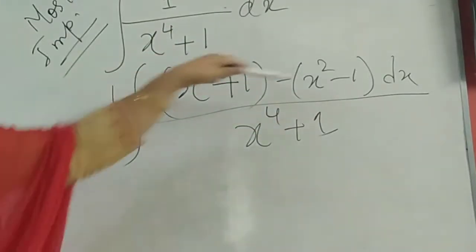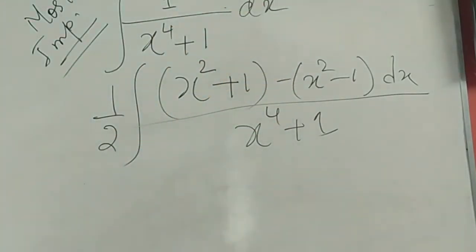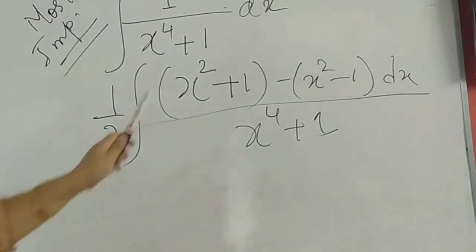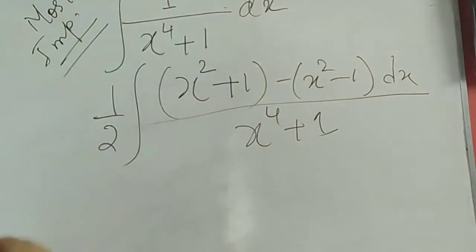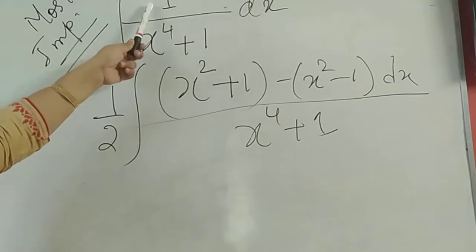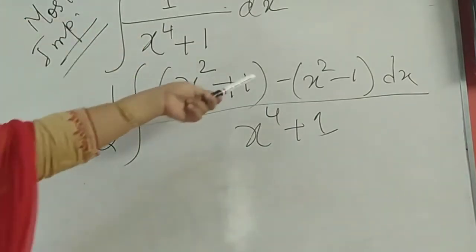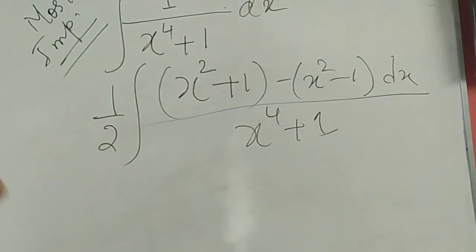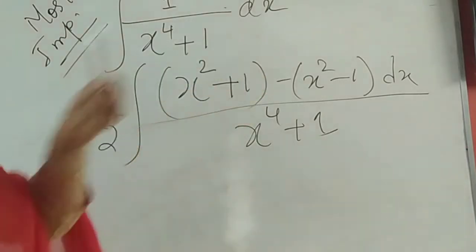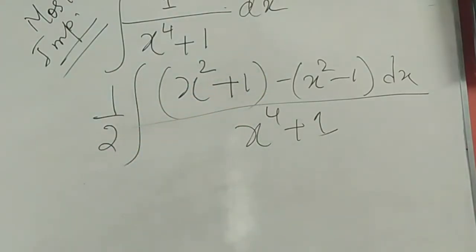So imagine the entire thing opening. What remained? X square cancels with x square, and I don't have an x square term here also. That's why I have put a minus. Now this 1 doubles to 2. How to manage that? This is the 1 by 2. I hope you understood this particular technique.